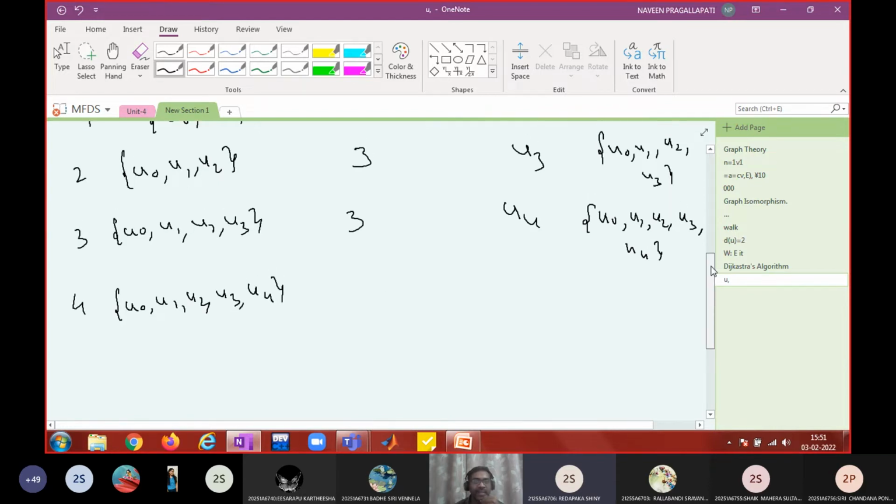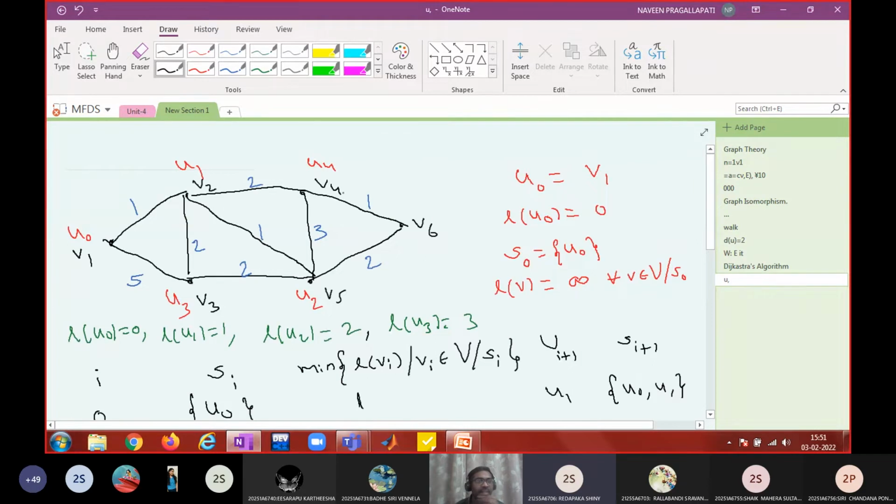Now what is the next vertex you have to see? What vertex is remaining? Only this vertex. Is this vertex nearest to V5 or V4? V4. But what is the weight of U4? Let me copy this.